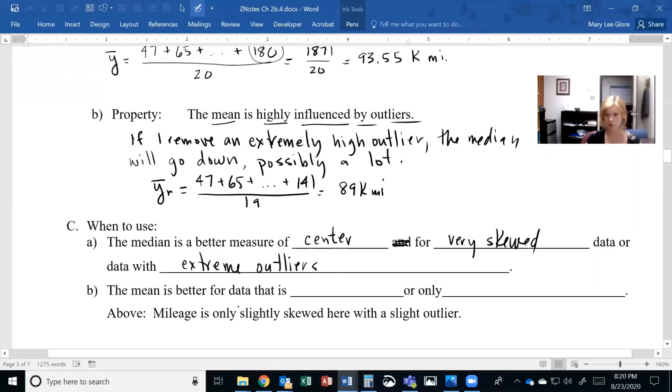Otherwise, the mean is a better measure of center for data that is not extremely skewed and without extreme outliers. So we use the mean for symmetric data, or if it's just moderately skewed.